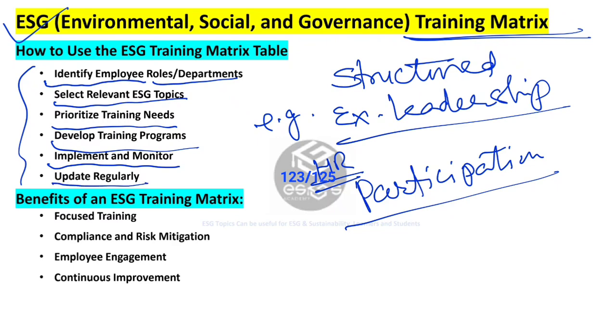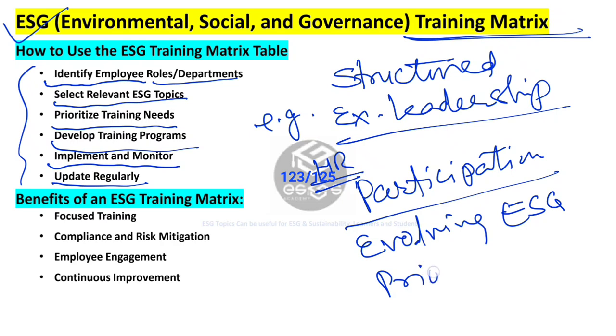And update regularly. We need to update the ESG training matrix regularly to reflect evolving ESG practices and ESG priorities. Maybe some regulatory changes are also there, and organizational needs we also need to consider.